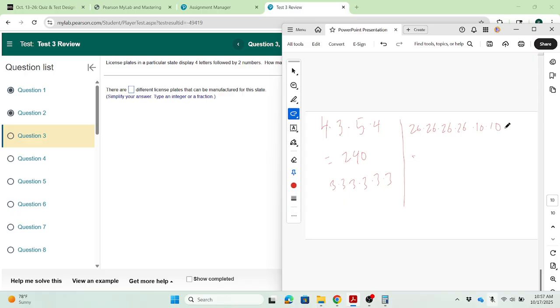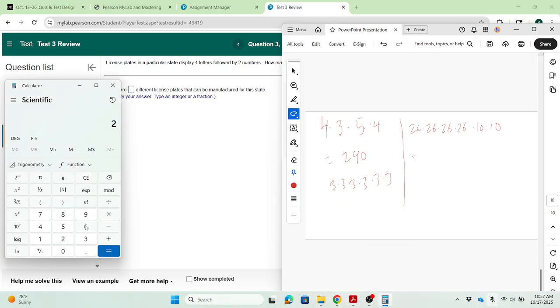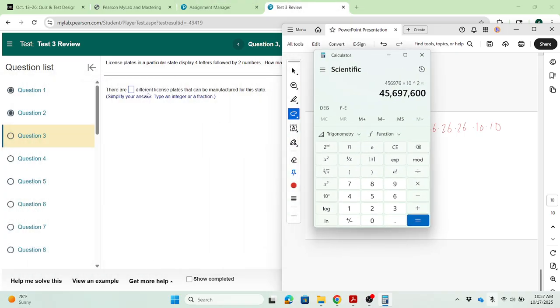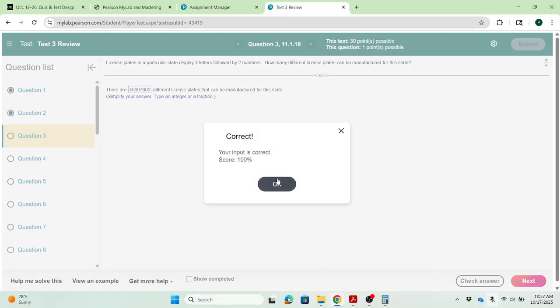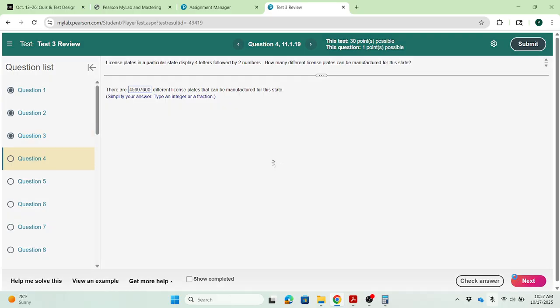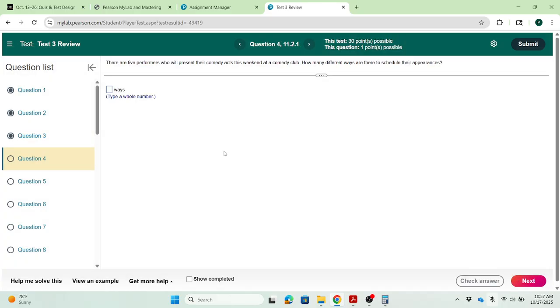If you multiply all these numbers, the total is 26 to the power 4 times 10 to the power 2, which is 100. So it's 45,697,600 different license plates you can make.